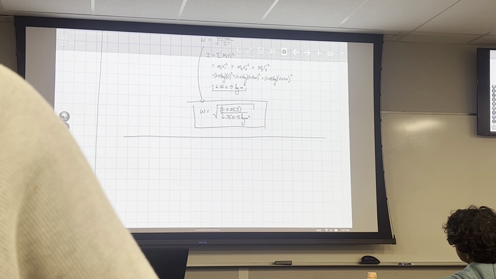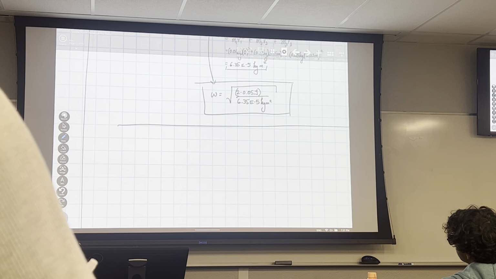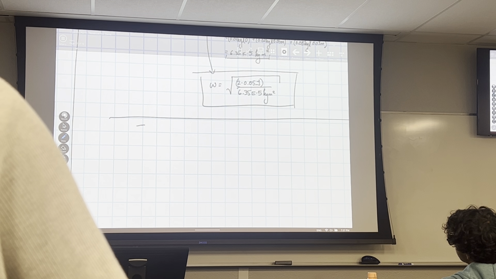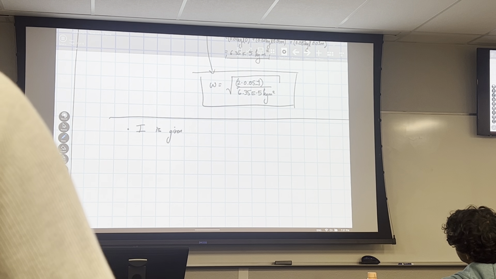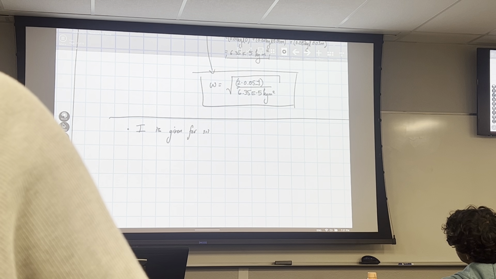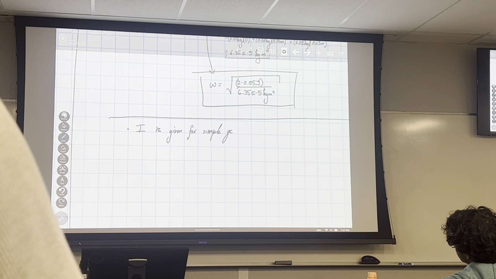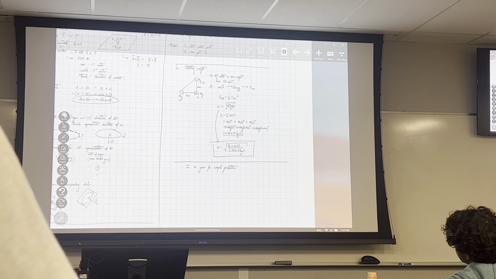Now, just like the center of mass, the moment of inertia I is also given for simple geometries. So you don't always have to do the full in-depth analysis.